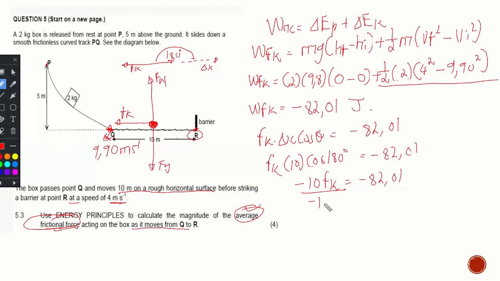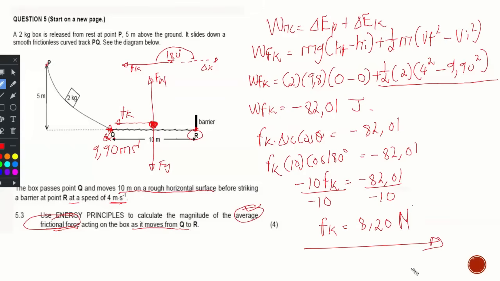If we divide both sides by negative 10, Fk will be equal to what? It will be 8.201, which we can just say 8.20 newtons, right? Newtons. So that's the force. And just like that, you have calculated that.